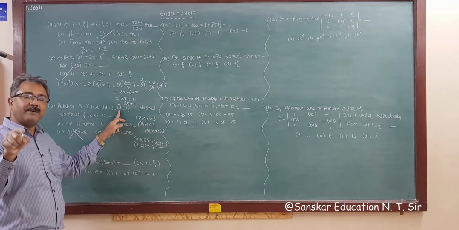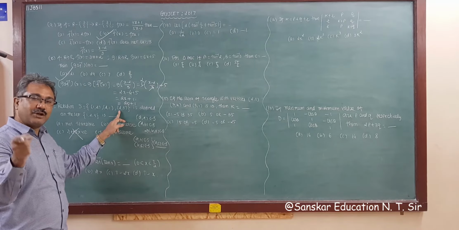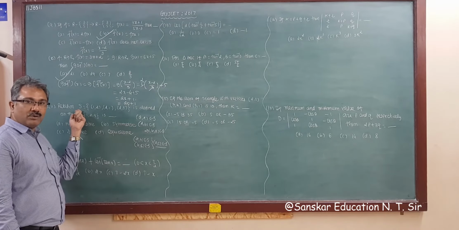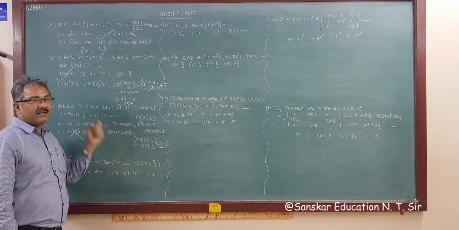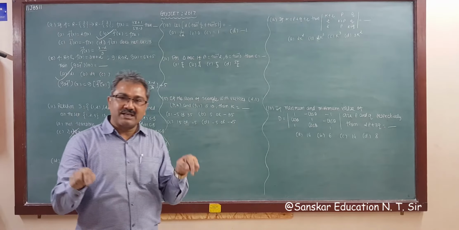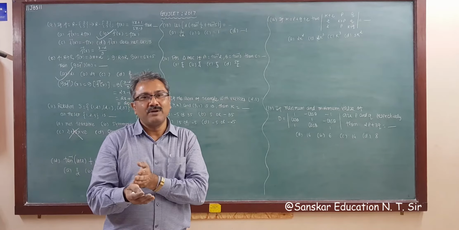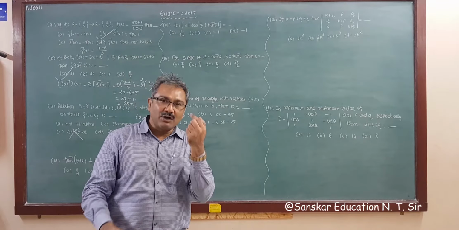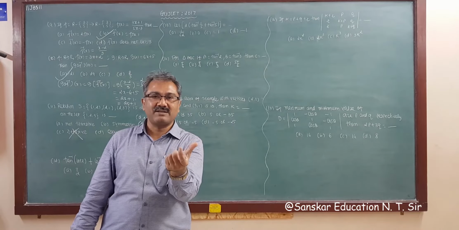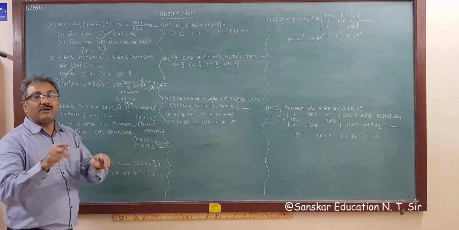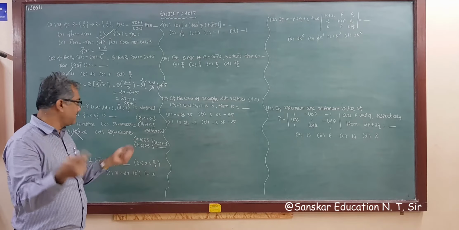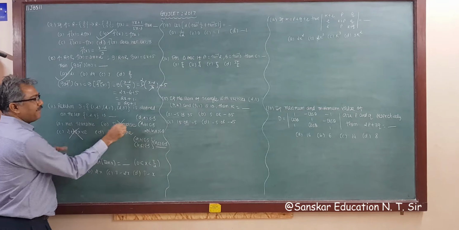If we take (2, 3), then is (3, 2) in this relation S? No. So it is not possible. If you want to prove a statement is not true, you only have to show it fails for any one case. But if you want to prove it is true, you have to prove it for all possibilities. So this is not symmetric.